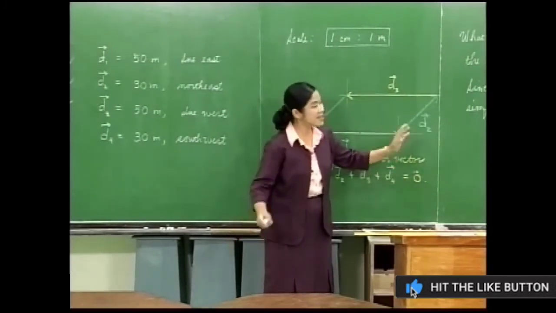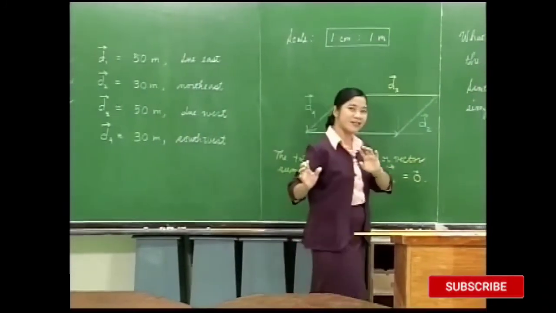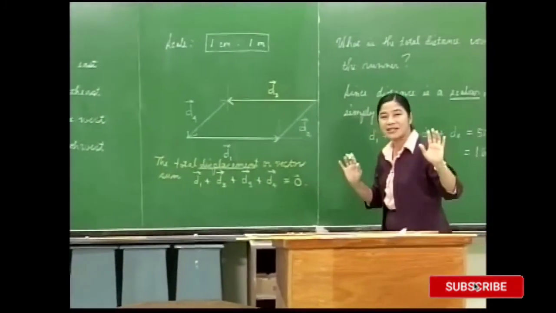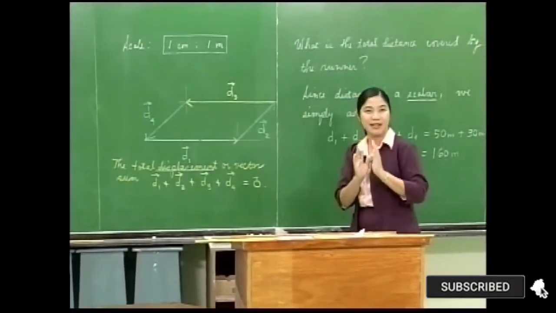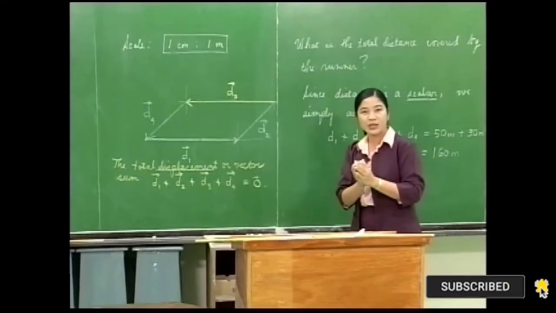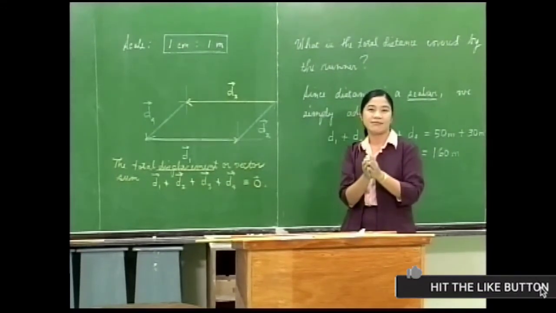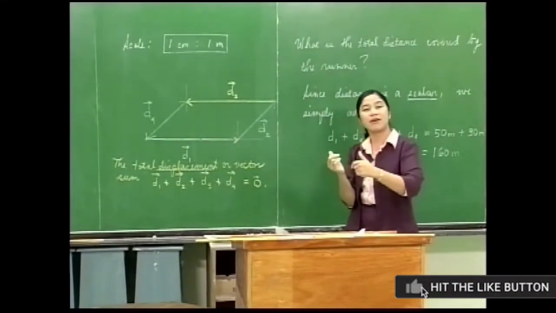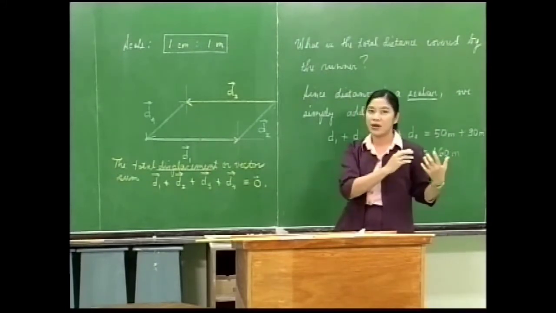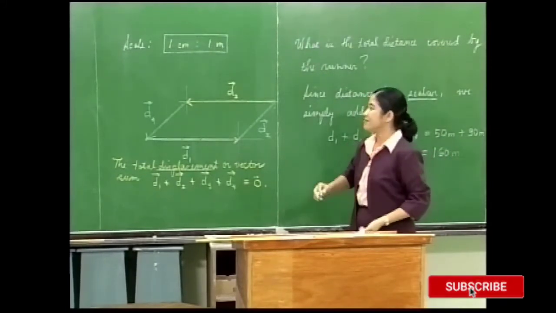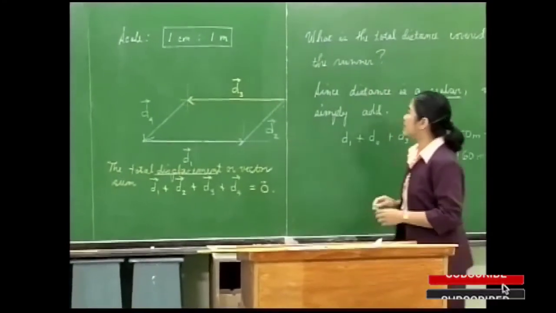So I hope you have seen the difference between a vector and a scalar. A scalar, you simply add. They are just numbers. But vectors, you have to be very careful. You can choose the tail-to-tip method, or you can choose the component method. So this is your example.